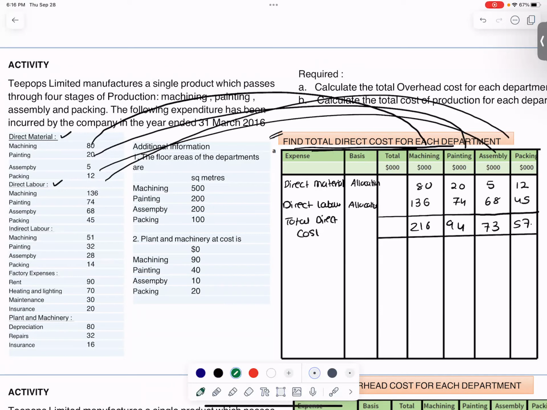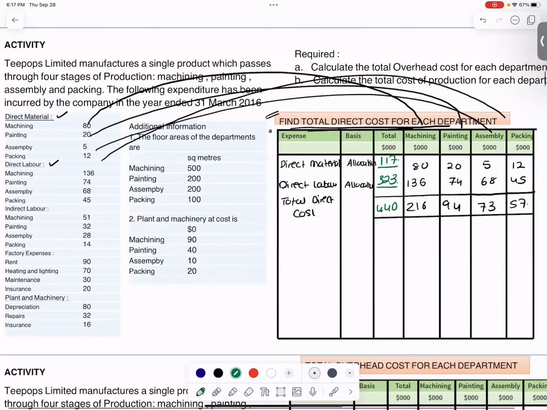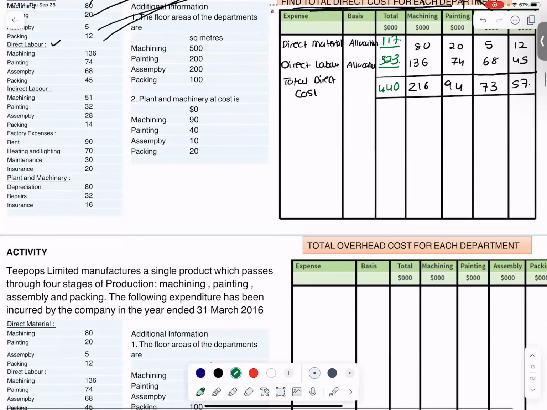The total. Direct material is 117. And I'm doing the direct labor: 323 is direct labor. Done? So this is the total direct cost.